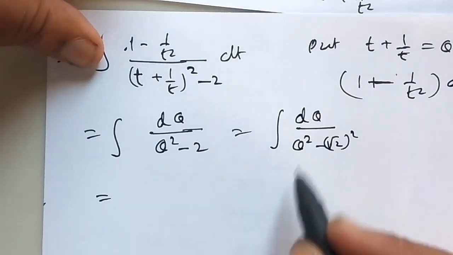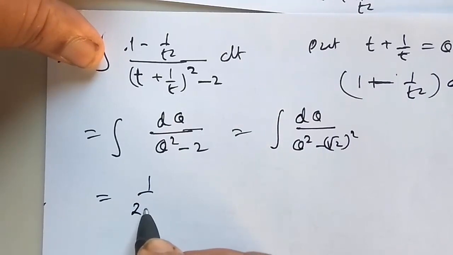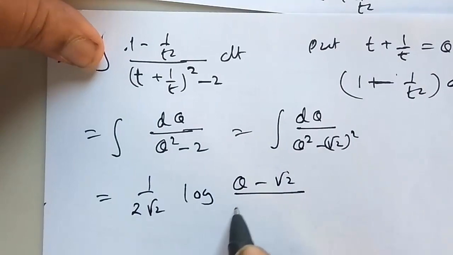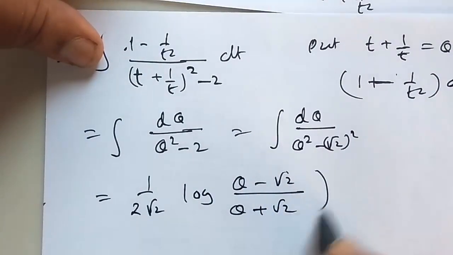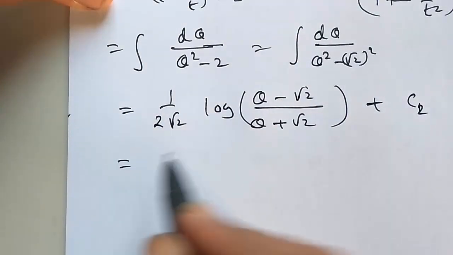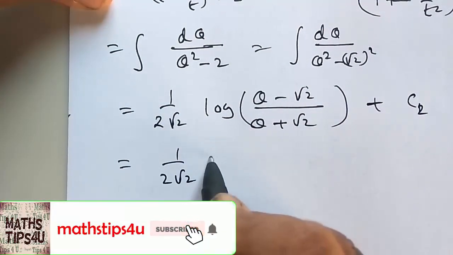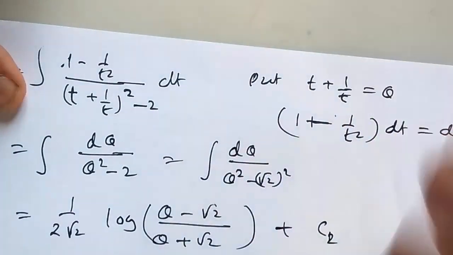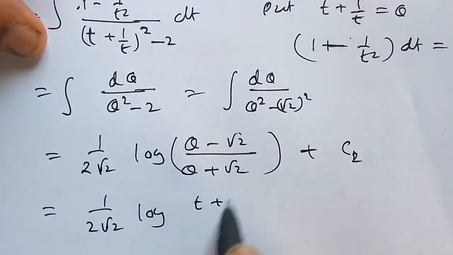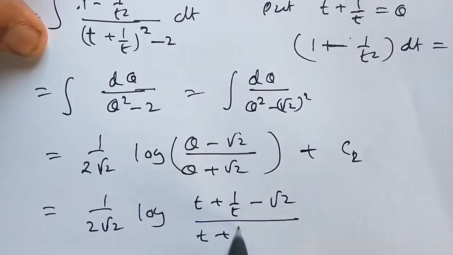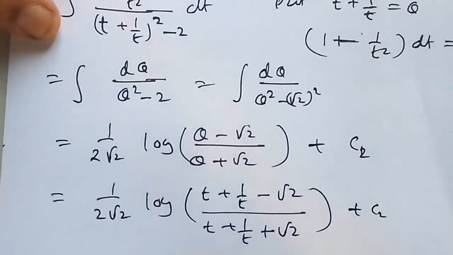Now the integration of this is 1 upon 2 root 2 log of theta minus root 2 upon theta plus root 2 plus some constant, we call it c2. So this is equal to 1 upon 2 root 2 log of t plus 1 upon t minus root 2 upon t plus 1 upon t plus root 2, plus c2.